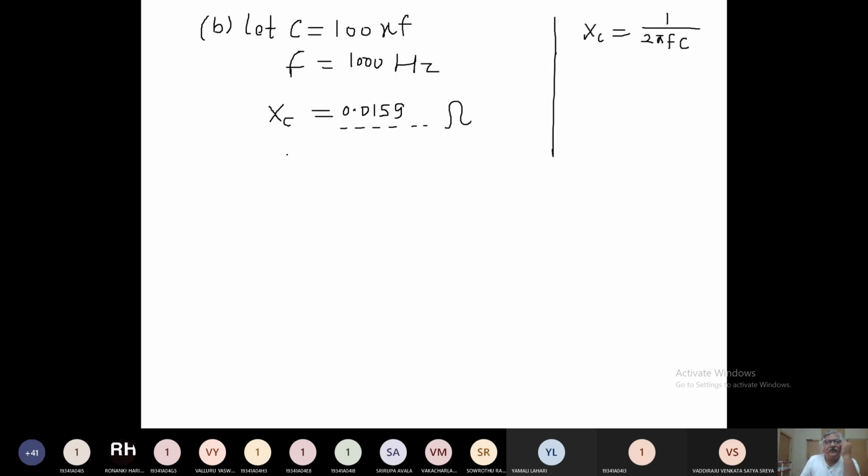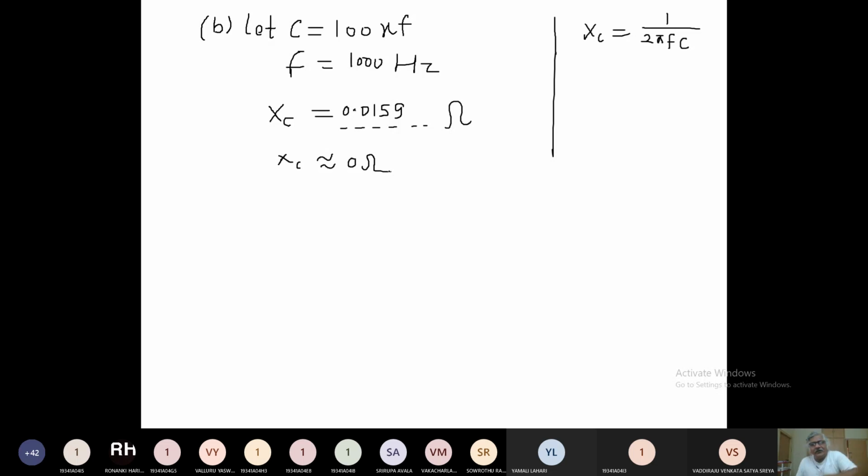And this value you can approximately consider as 0 ohm, right? It is 0 ohm.